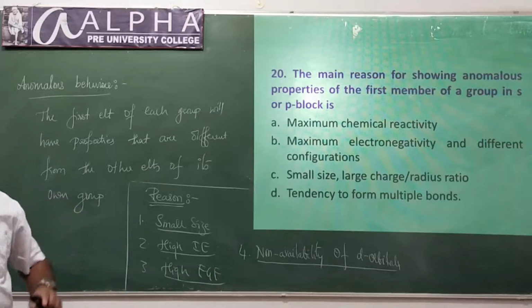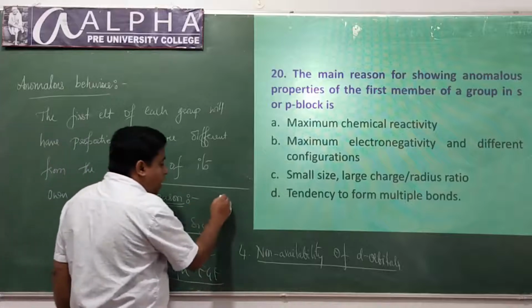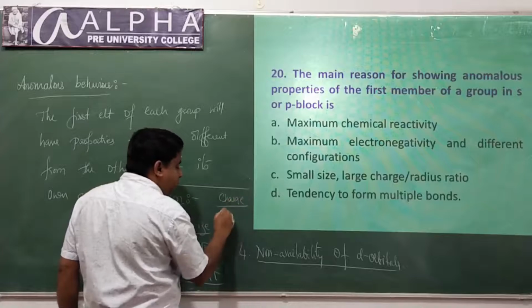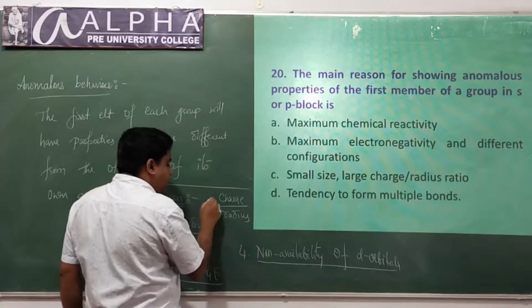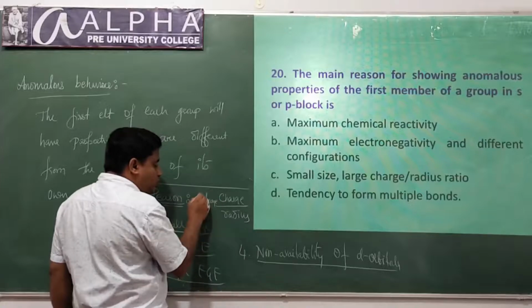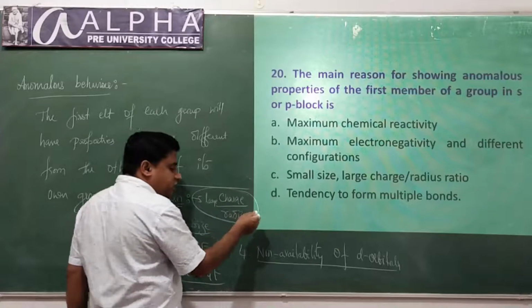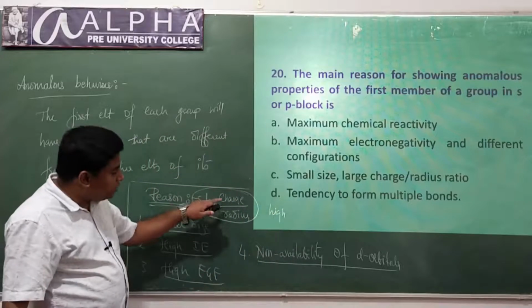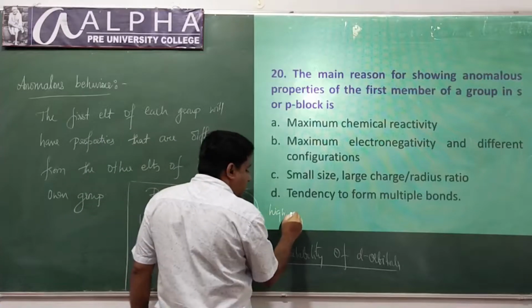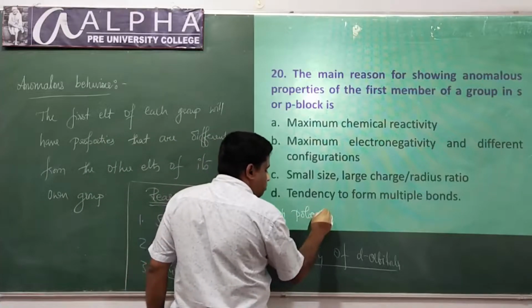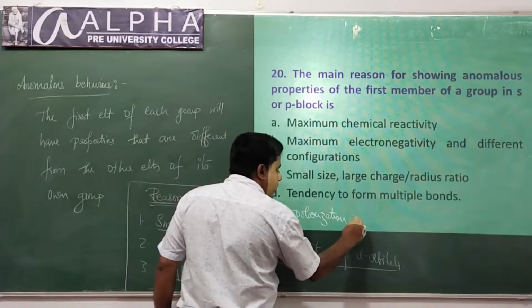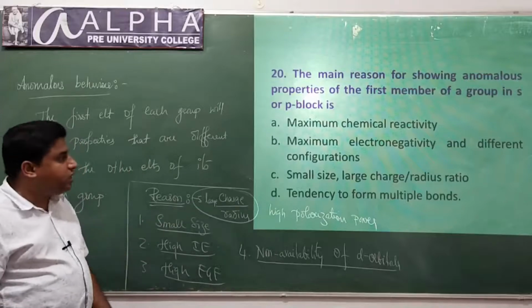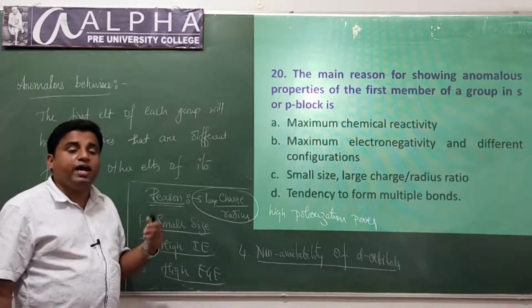And you can add one more reason, that is large charge to radius ratio. This ratio, charge to radius ratio, is called polarization power. So the first element of each group will also have high polarization power.